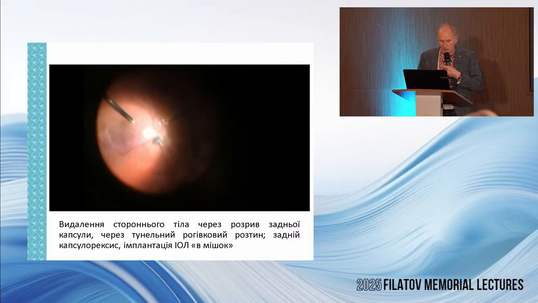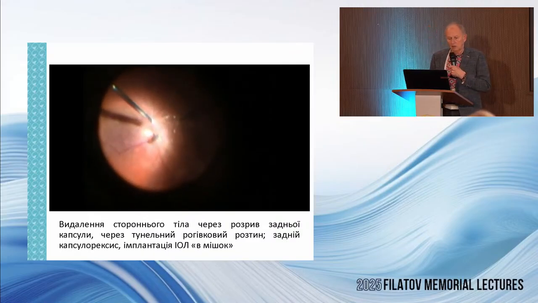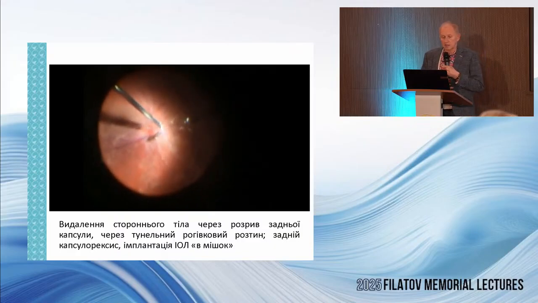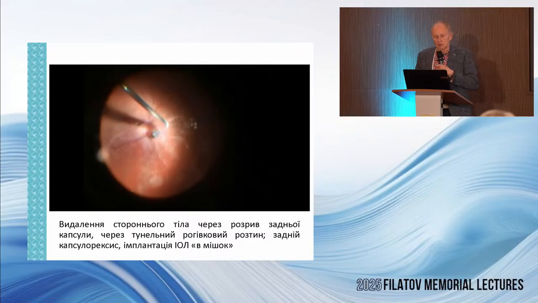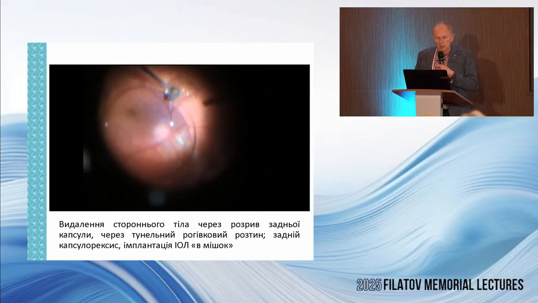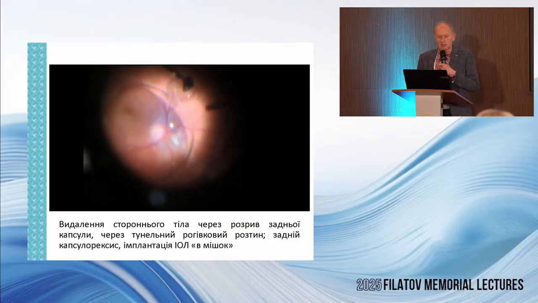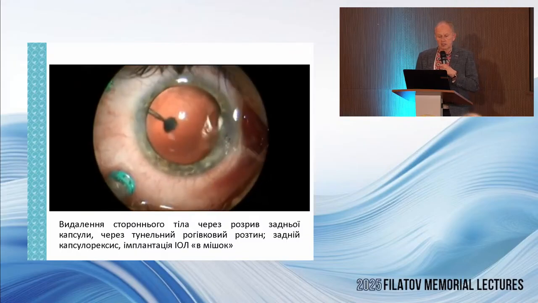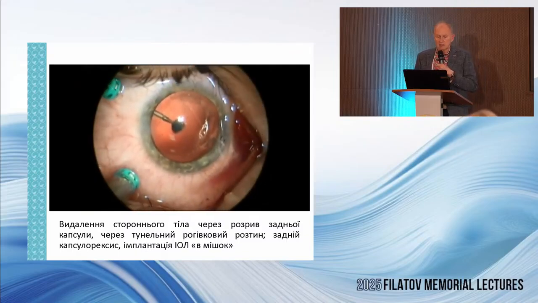So, under these conditions, the foreign body sinks inside the vitreous body, the cornea is protected by viscoelastic. To remove the foreign body, it remains as far from the retina as possible.